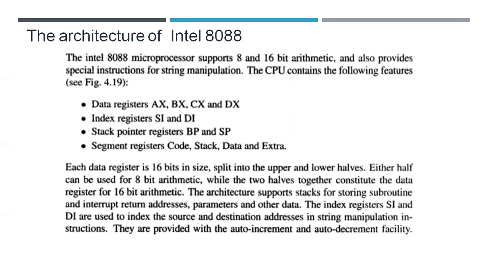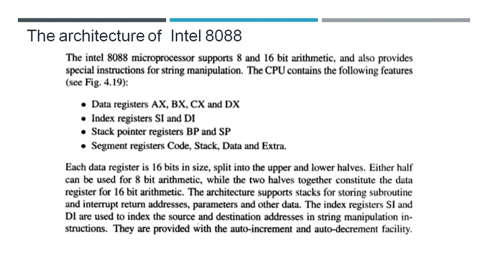The 8088 microprocessor supports 8 and 16-bit arithmetic and also provides special instructions for string manipulations. We have features like data registers, index registers, stack pointer registers, segment registers. Each data register is 16-bit in size, that is AX, BX, CX and DX.